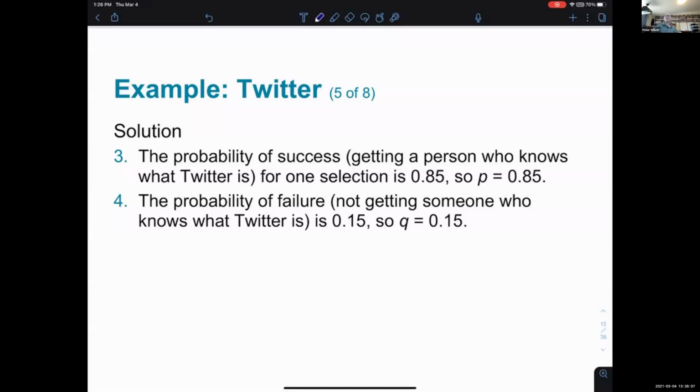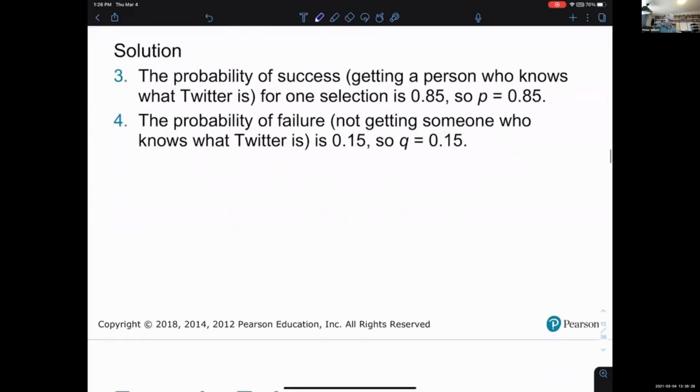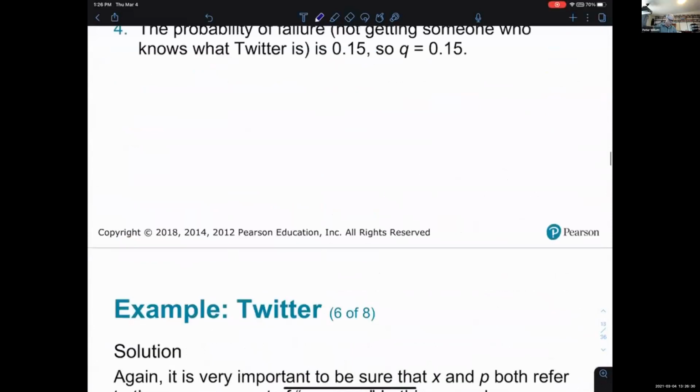So P is the next thing on the list, which is the probability of success. And that was given to us to be 85%. So P equals 0.85. The probability of failure, which is what they use the Q letter for, would be the complement for that. So if it's 85% success, then it's 15% failure, or 0.15. So those were the 4 things.